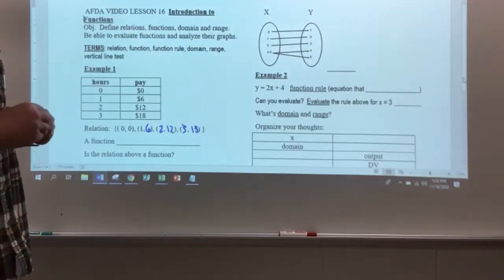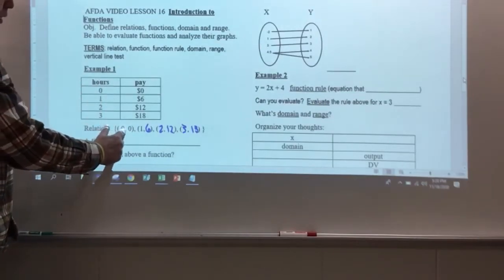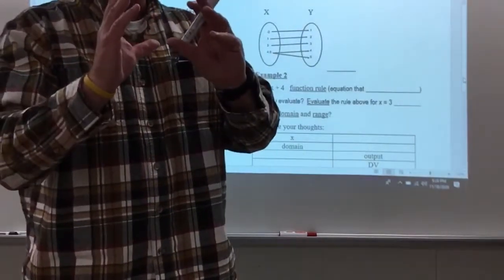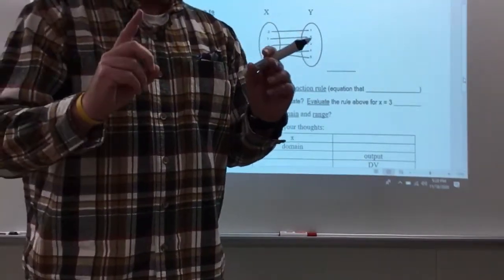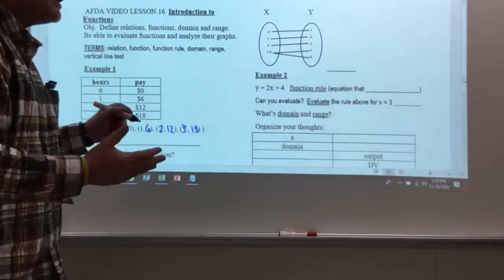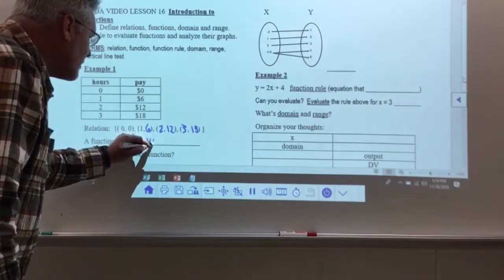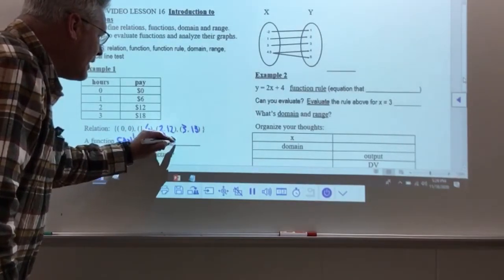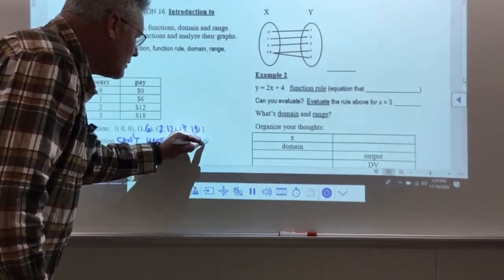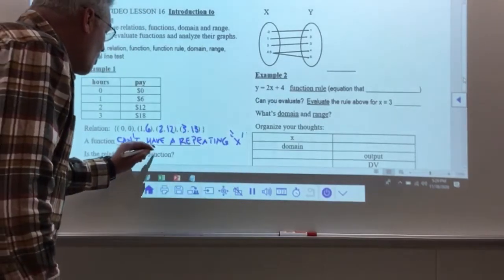All you have to look for is a repeating x value, or x coordinate, with a different y. If you have that situation where the x repeats and the y is different, it's not a function. So a lot of times with functions, you're looking for failures. A function can't have a repeating x with a different y.